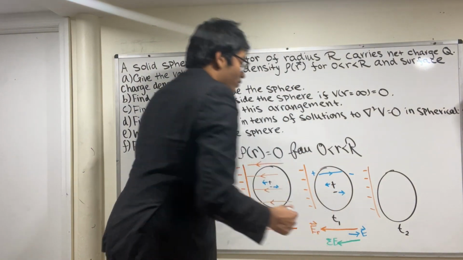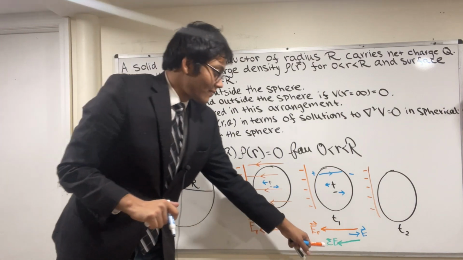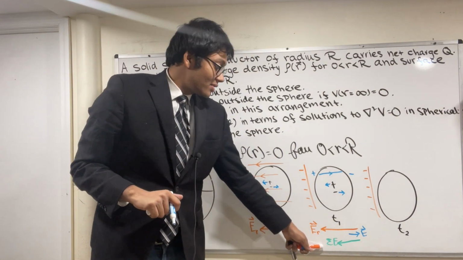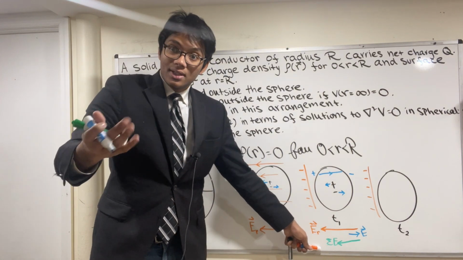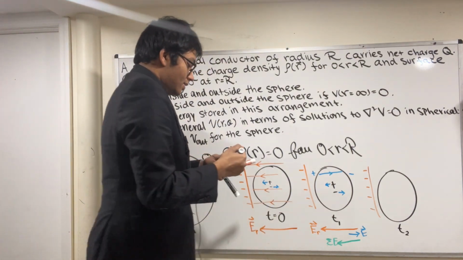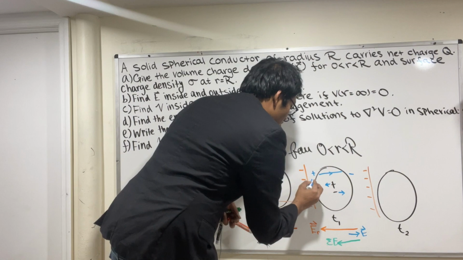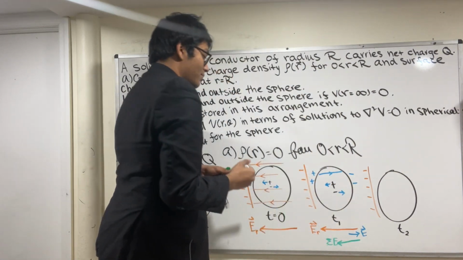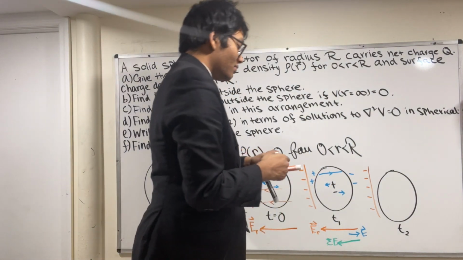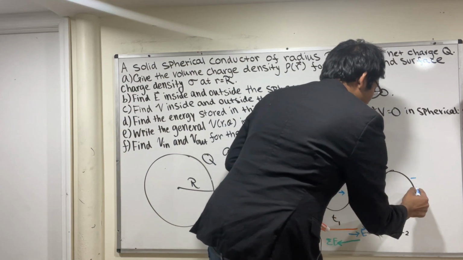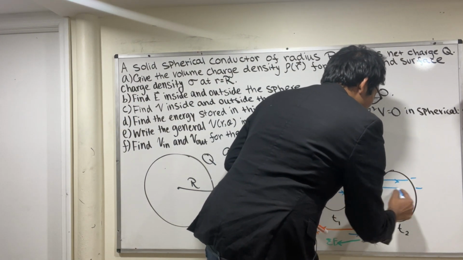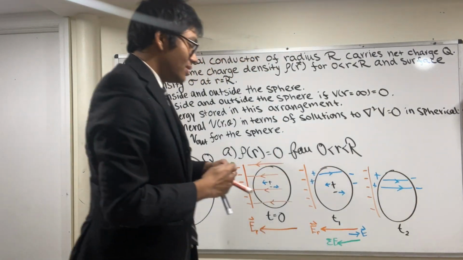Negative charge will feel a force going this way, because positive charge, of course, will go in the direction of the electric field. Negative charge will go in the direction opposing the electric field. So you're going to have a positive charge ending up here and negative charge ending up here, right? And so in the third scenario, another pair of charges have separated. And so the electric field has weakened just a tad bit more.